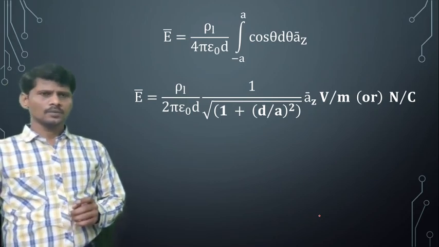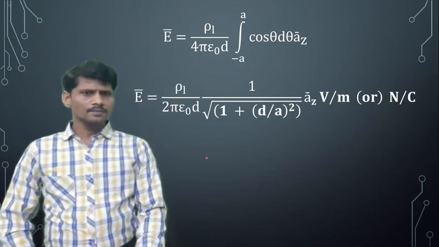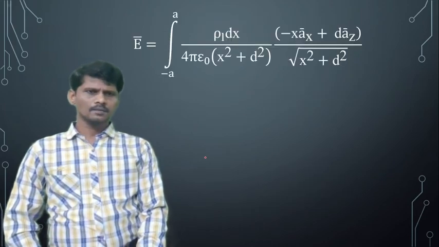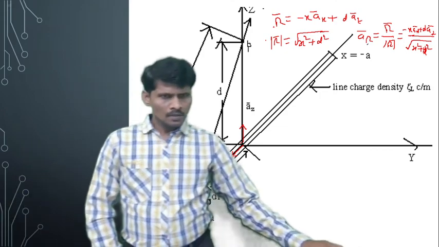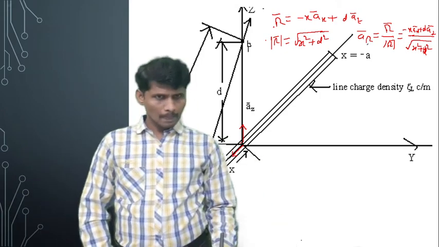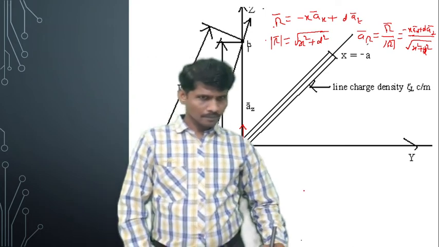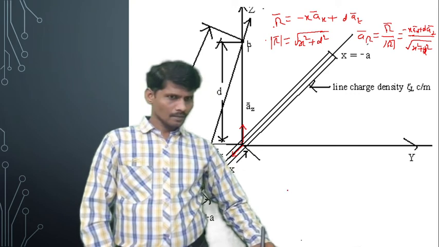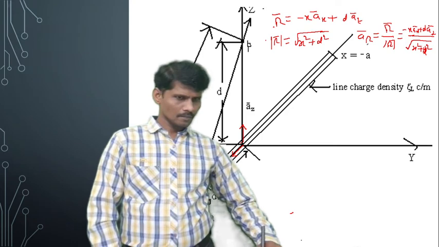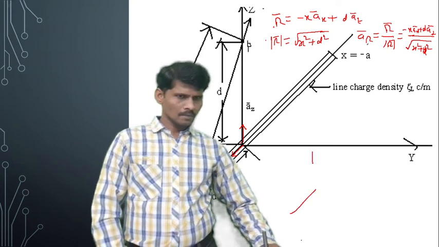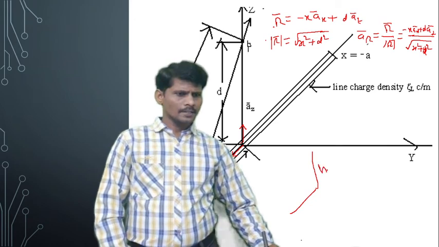But x is equal to d tan theta. From the figure, what is this distance? This distance is d meters.